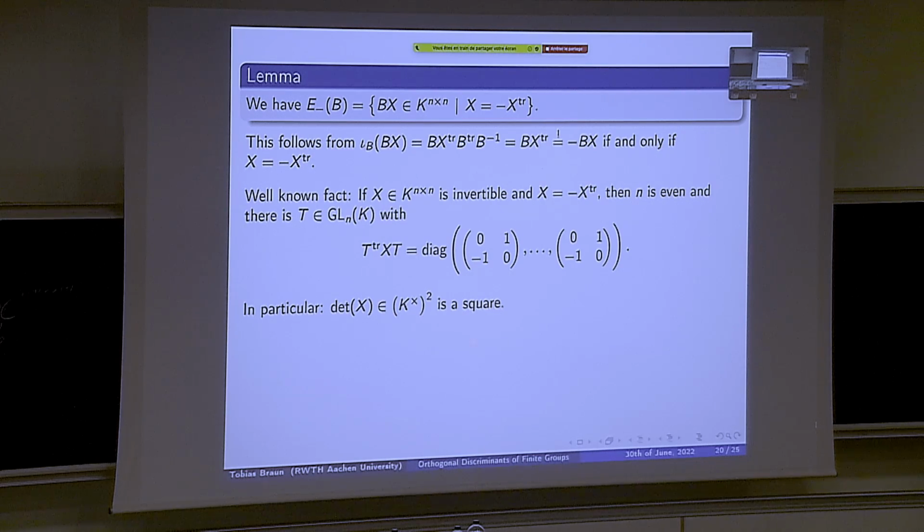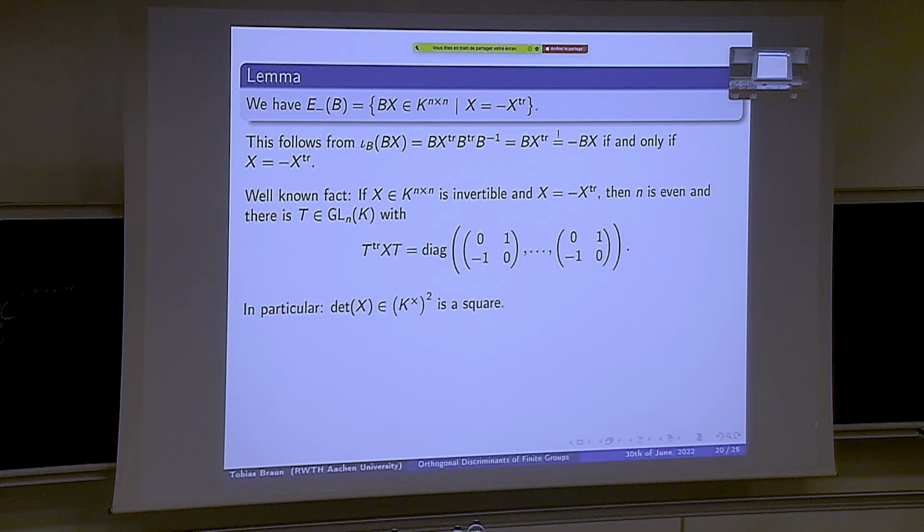So what's my point? We want to compute the determinant of B, because B is a Gram matrix of the bilinear form which corresponded to our quadratic form, and the discriminant of the quadratic form is an orthogonal discriminant because we're working over the character field.